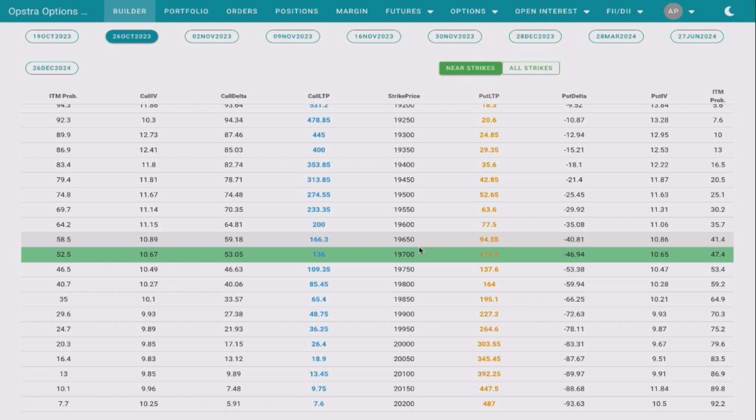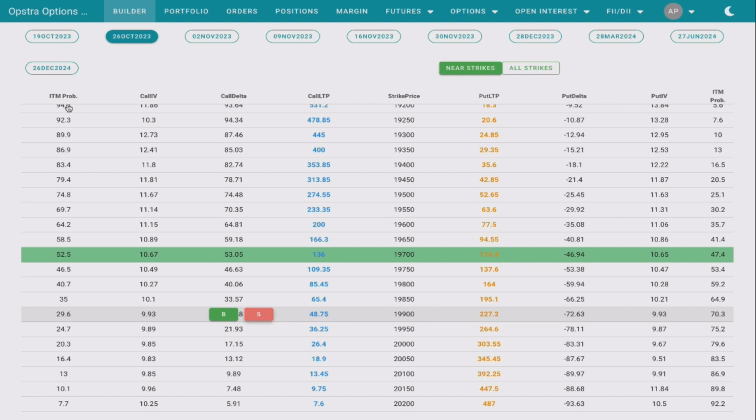Now remember, when you're going long a call, we are bullish, and therefore when you're shorting a call, we're expecting the market to go down. So again, looking at the 19,900 call strategy. This time, of course, we're looking at shorting it.